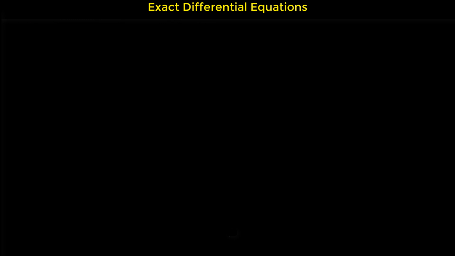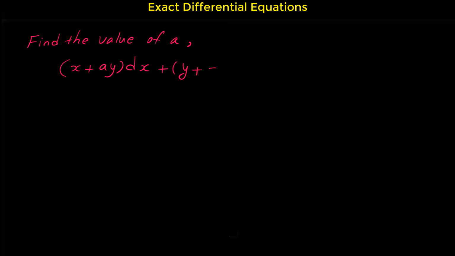Here the question is find the value of a that makes this differential equation an exact differential equation, and then solve the differential equation. x plus ay dx plus y plus 4x dy equals 0.